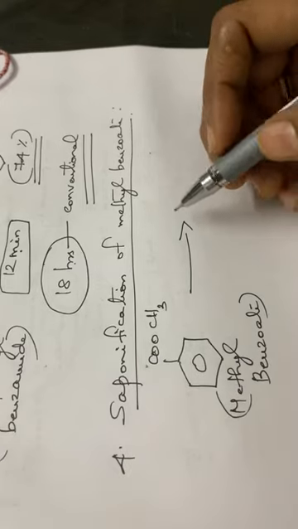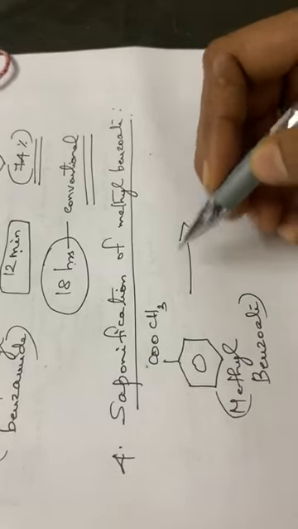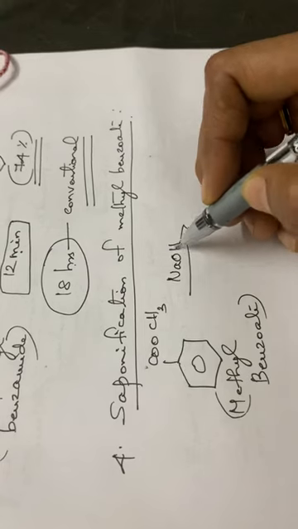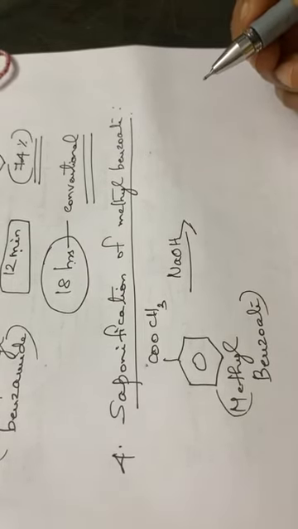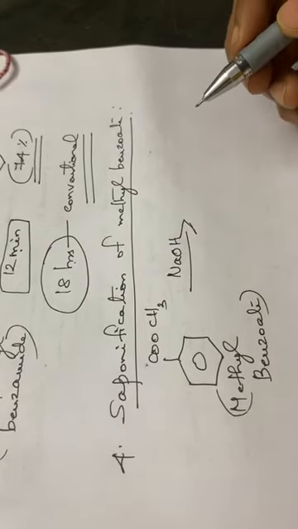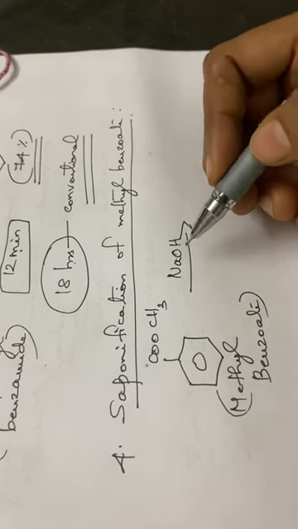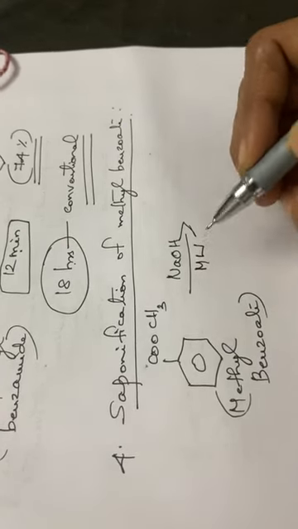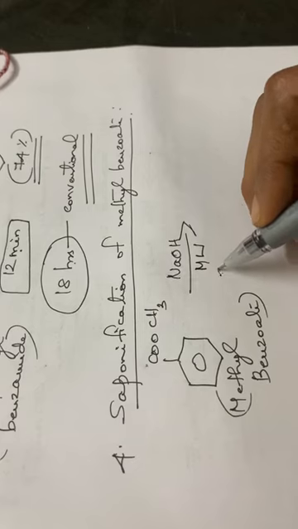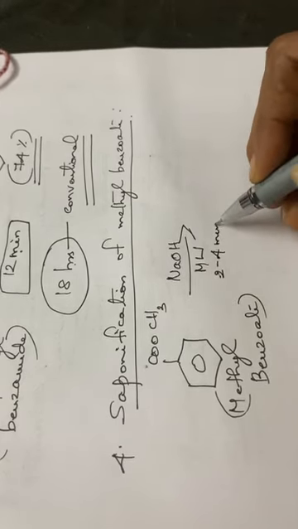This is methyl benzoate. And here saponification takes place in the presence of sodium hydroxide. Normally saponification is done in the presence of an alkali, isn't it? So a strong alkali, sodium hydroxide, is used, and we are using microwave assisted synthesis, and the time taken is about 2 to 4 minutes.